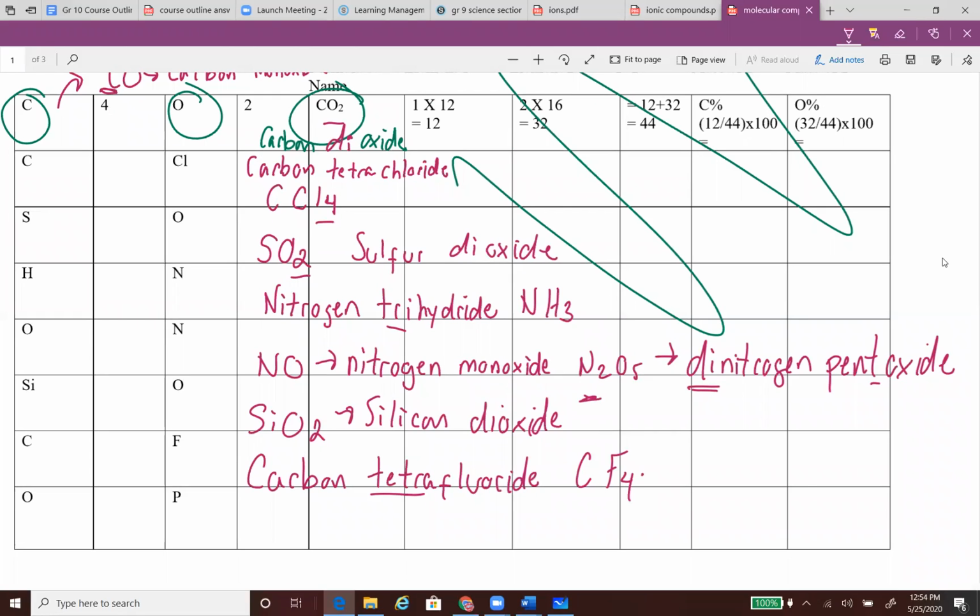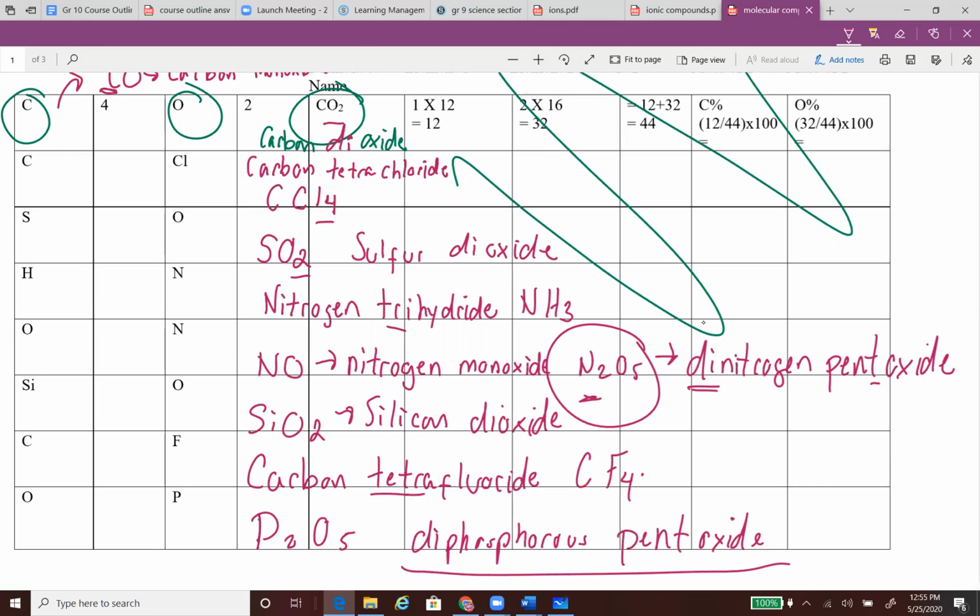So the next one, there are various forms of combining oxygen with phosphorus. So for example, here's one version. So that would actually look the same as the example we did over here. So that would be diphosphorus pentoxide.